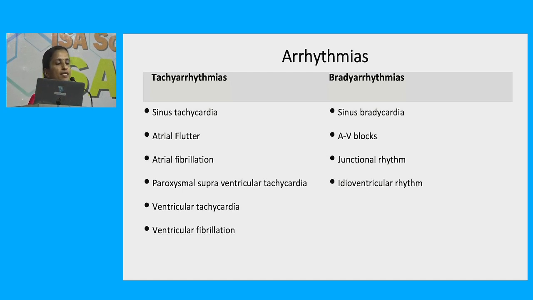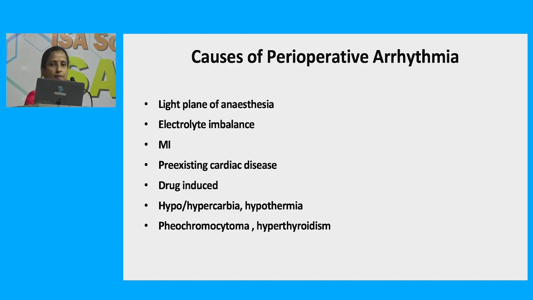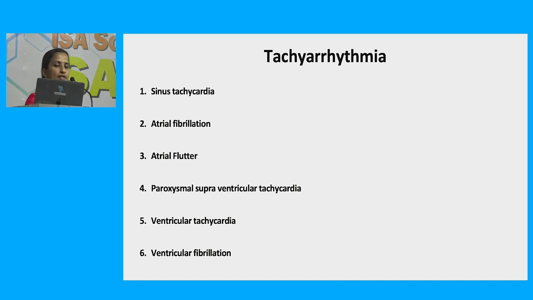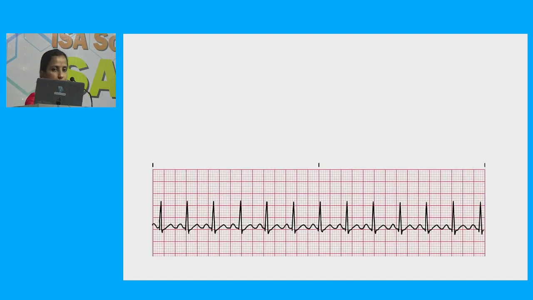In tachyarrhythmias, commonly it could be sinus tachycardia, atrial fibrillation or flutter, supraventricular tachycardia, ventricular tachycardia, and ventricular fibrillation. In bradyarrhythmias, it could be sinus bradycardia, AV nodal blocks, junctional rhythm or idioventricular rhythm. These are the common arrhythmias kept for the exam.